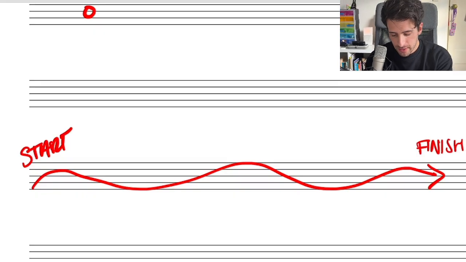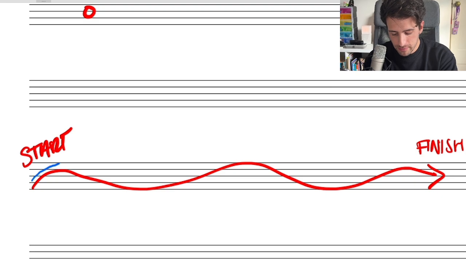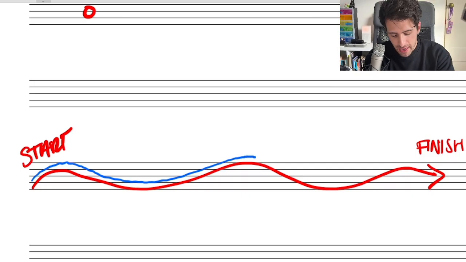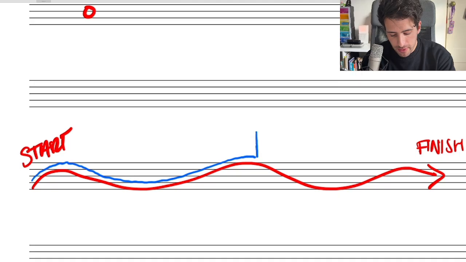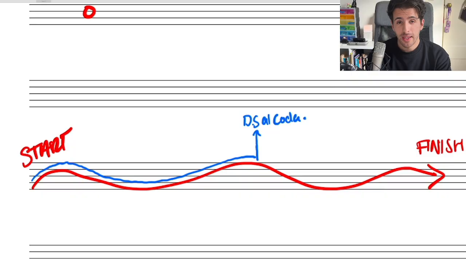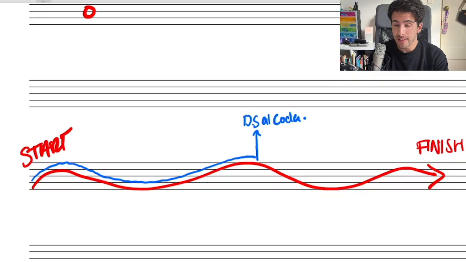Now, the player is moving along. The music's playing, start to finish. At some point, we get a symbol that says DS al coda. Okay, to break that down, DS, del segno.